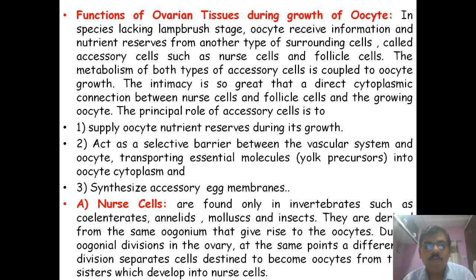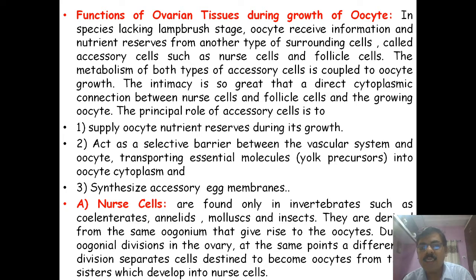Then the functions of ovarian tissues during the growth of the oocyte. In species lacking the lampbrush stage, the oocyte receives information and nutrient reserves from another type of surrounding cells. These cells are called accessory cells, such as nurse cells and the follicle cells. The metabolism of both types of these cells is coupled to oocyte growth.